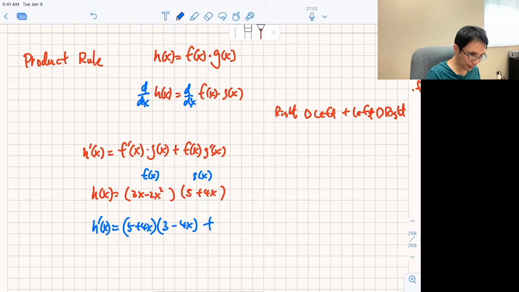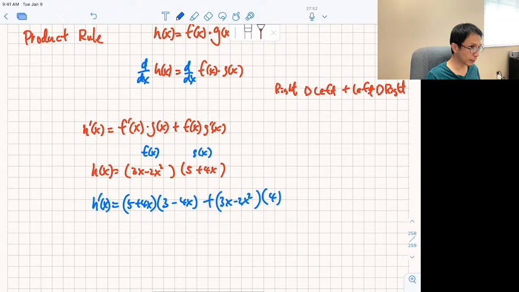Plus left, which is 3x minus 2x squared, d right, which is 4. And this is plus, not multiplying, is plus. Some of my BC Calc students I just corrected, they write down times, but it's not times.